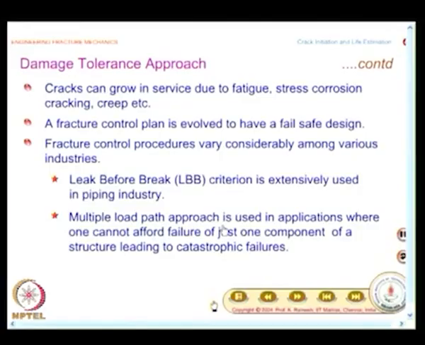How has nature looked at you? You are gifted with 2 kidneys. If one kidney fails, the other kidney will come to your rescue. So, there is optimization necessary, but also essential redundancy is required. You cannot design a structure such that if one member fails, the whole structure collapses. That is what this multiple load path approach is all about.